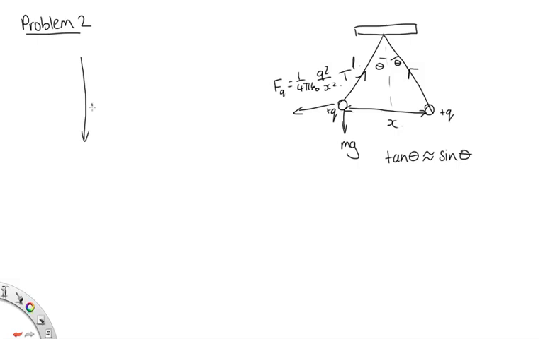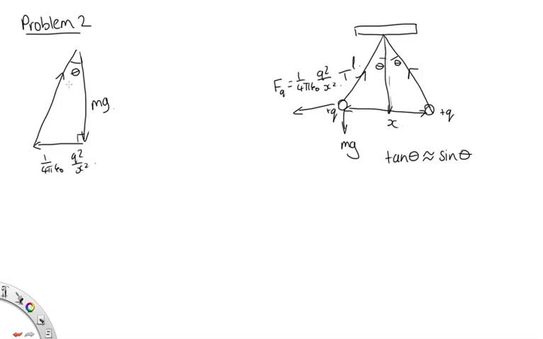We've got the weight force mg acting down, then we've got the electrostatic force here, which is acting perpendicular to the weight force, as we can see from this diagram. This is 1 over 4 pi epsilon naught q squared on x squared, and then we've got the tension force acting up here, which makes an angle theta, as we can see, with the normal here.